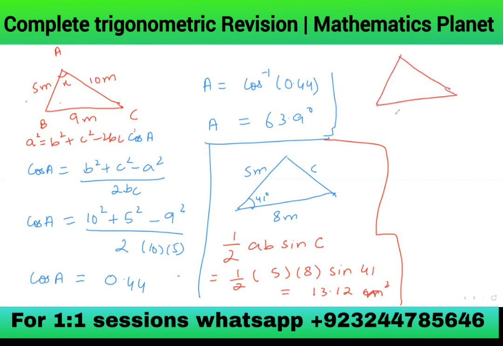Okay. It's 16 centimeters, 11 centimeters. You need to find x degrees, and here it is C. The area of the triangle is given as 80 centimeter square. Work out the value of x.